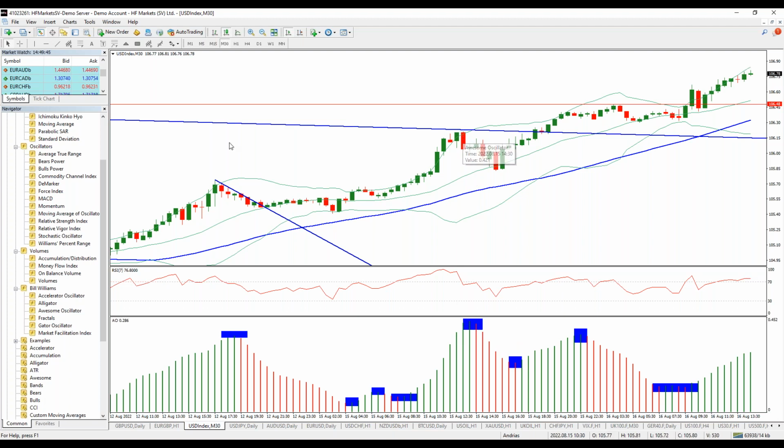Then on the pullback, on this bearish full body candle over here, we were still getting green bars on the Awesome Oscillator, so we couldn't take an exit and an entry. The entry has been taken over here, to be more precise, when this red bar on the Awesome Oscillator came, along with the full bearish candle over here.